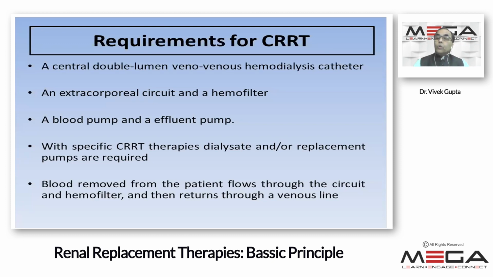If we want to add dialysis therapy, then there should be a dialysate pump. And if we are adding replacement, that is hemofiltration, we need another pump to run these solutions so that we can control all the components of the therapy. So once the blood is taken, it passes through the circuit and the filter, filtration takes place, whatever therapy we have selected, and ultimately it is returned back to the venous line, the blue line.